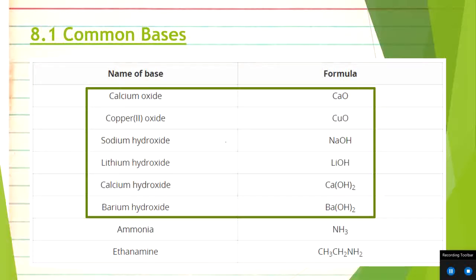So if you see a group 1 or 2 metal with hydroxide, that is a strong base. Okay, a weak base is recognizable by having an amine group on it. So here's ammonia, or ethanamine, which has this NH2. So anytime we see that amine group on a substance, we can generally assume that it is a weak base. Okay, and that's all for the definitions and Bronsted-Lowry theory of acids and bases.